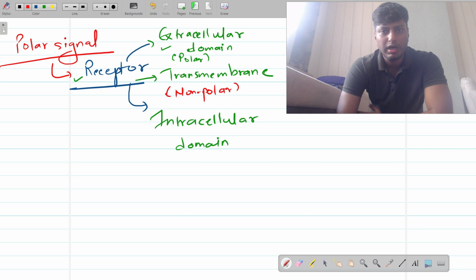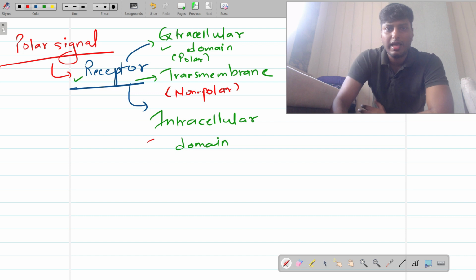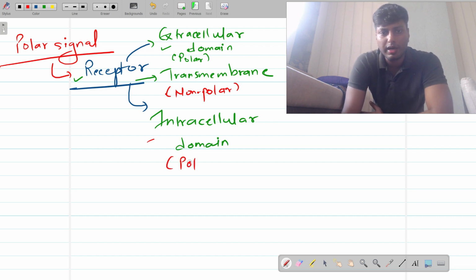When I say non-polar, it means it is hydrophobic in nature. Now comes the inner portion of the receptor, which is called the intracellular domain. Again, the intracellular domain is associated with the cytoplasm of the cell, and that's why the intracellular domain is also going to be polar in nature.